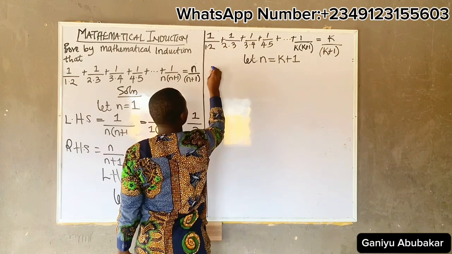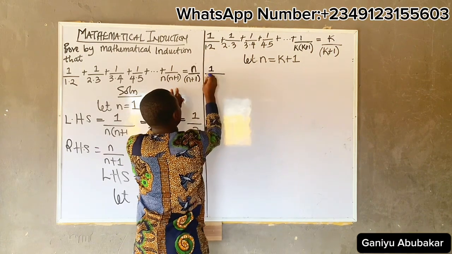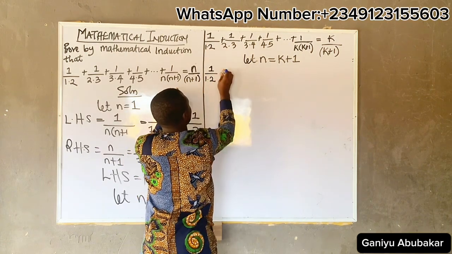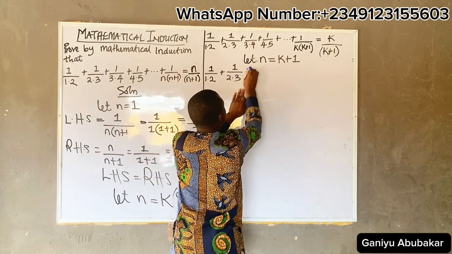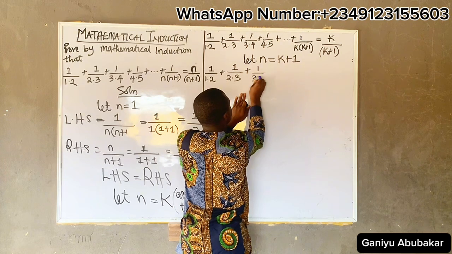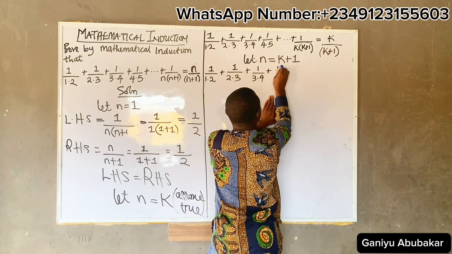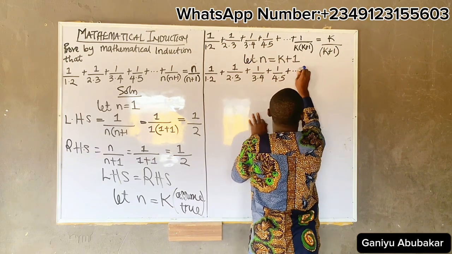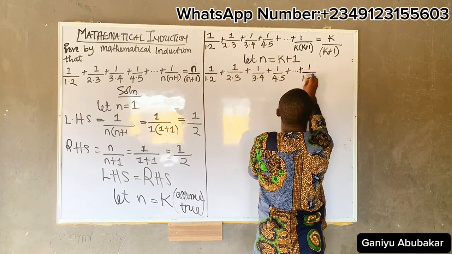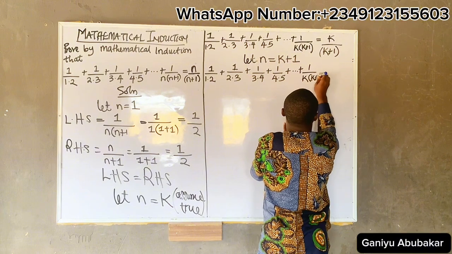That becomes 1 over what? 1.2. Next up, plus 1 over what? 2.3 plus 1 over what? 3.4 plus 1 over 4.5 plus, plus 1 over what? K into k plus 1.